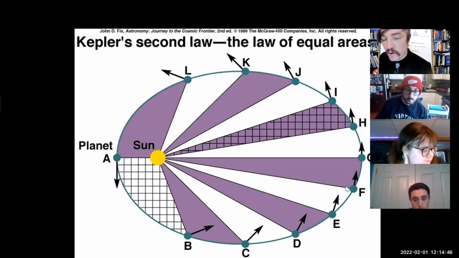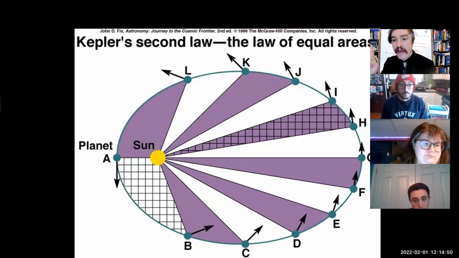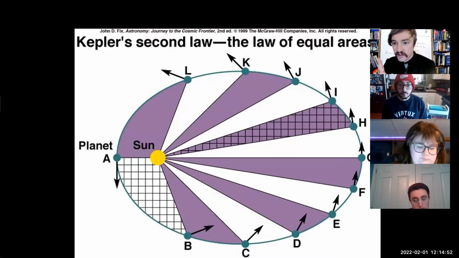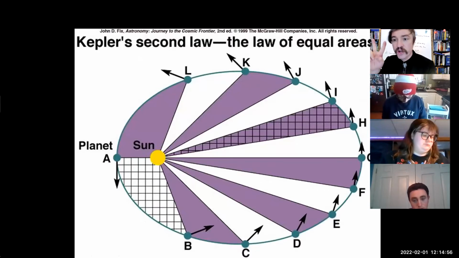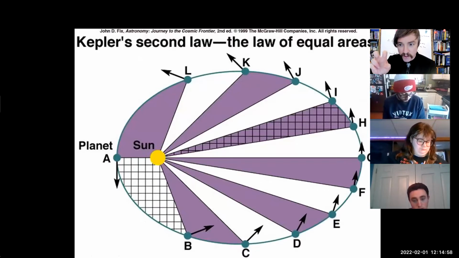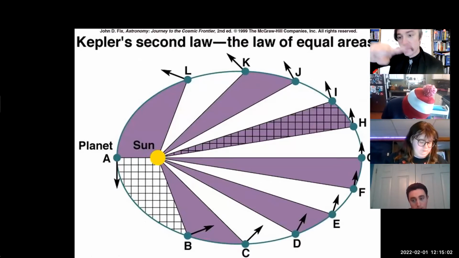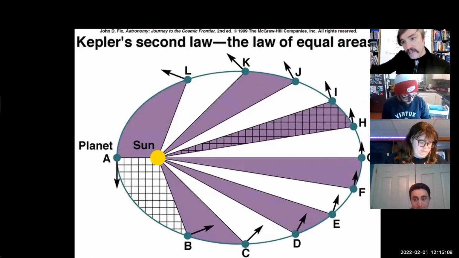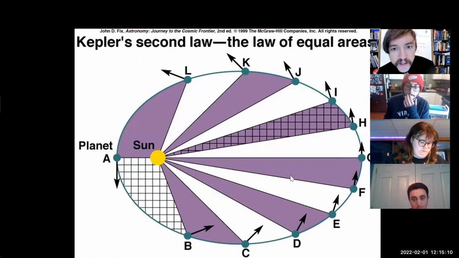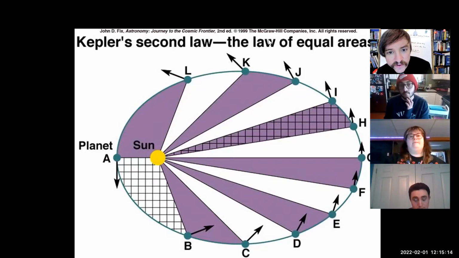This was an important discovery because not only did Plato believe that the heavens had to be perfectly circular in their geometry, but he also subscribed to uniform circular motion, which means constant angular velocity. They believed that the rate at which planets would drift across the sky should be completely consistent and never change. In fact, if you exaggerate the ellipse, you can see that that is not true.